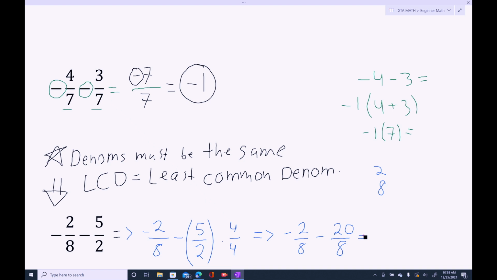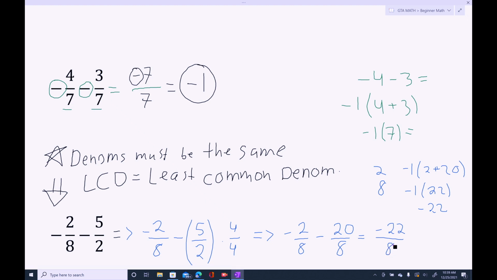We can say this is really negative 1 times 2 plus 20. 2 plus 20 is 22, so this becomes negative 22. So now we have negative 22 over 8.